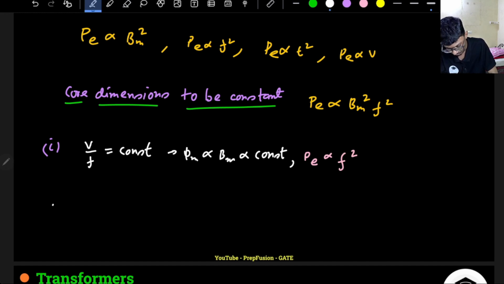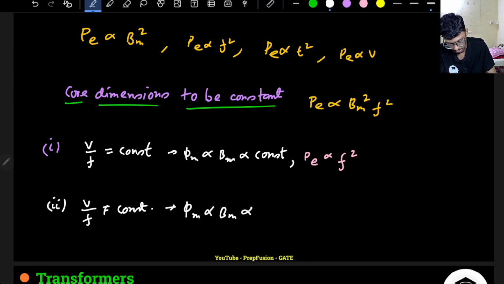Now if V by f is not constant, my phi m will be proportional to Bm, and it will be proportional to V by f if core dimensions are the same. So I will replace Bm in this equation with V by f. So my eddy current loss is proportional to V by f whole square, times f squared.